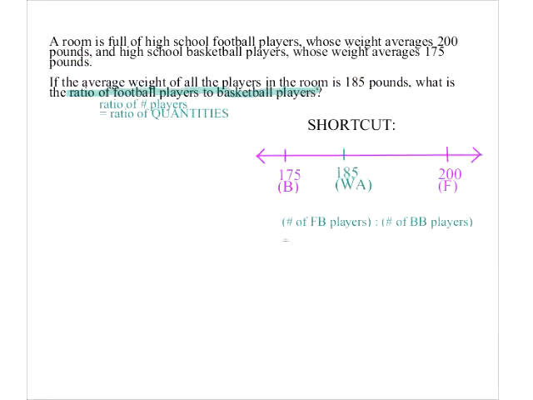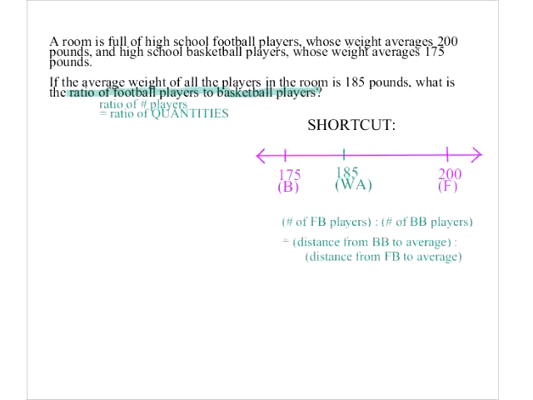So if we find these distances, it's the distance from basketball to average to the distance from football to average. Because again, the ratio of the quantities is the same as the reciprocal of these distances.